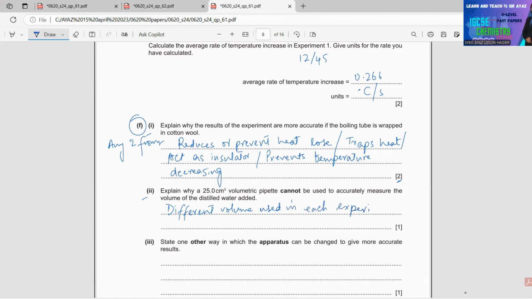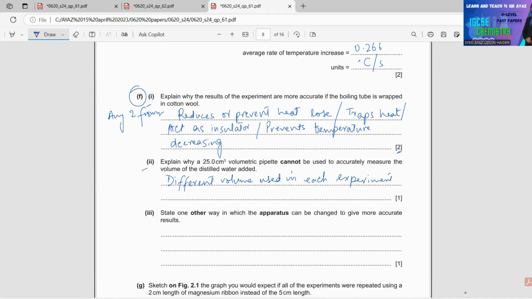That's why you can't use volumetric pipette of 25 centimeter cube. Number 3, state one other way in which the apparatus can be changed to give more accurate results. Use burette instead of measuring cylinder.